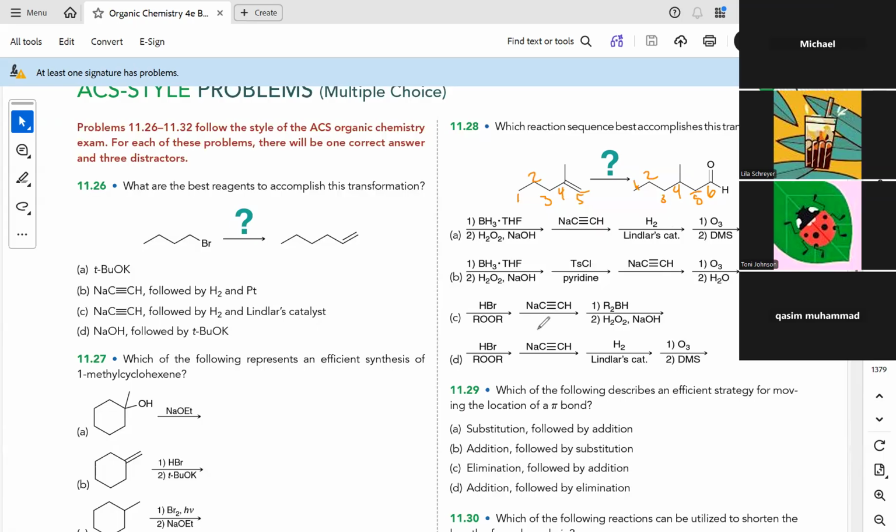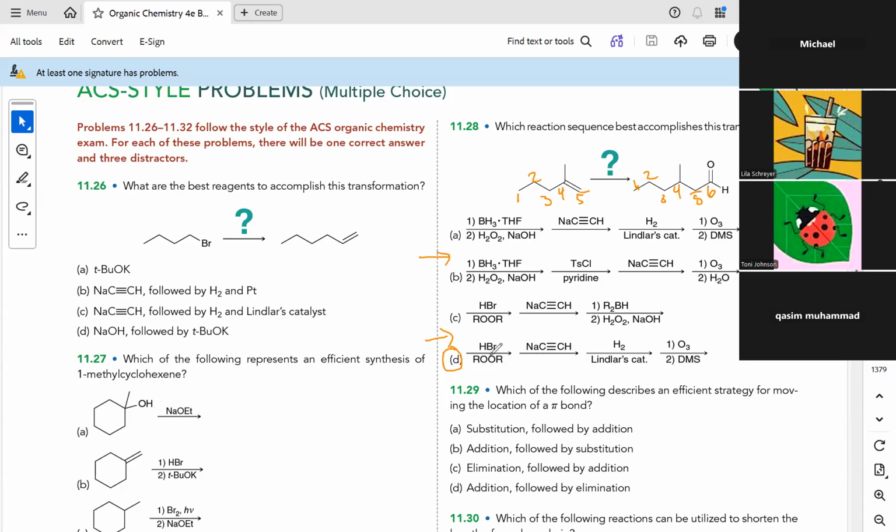So let's see here. I can go through the reagents. It looks like everything is going to be an anti-Markovnikov addition of H and OH or H and Br. So we have anti-Markovnikov hydroboration oxidation. In C and D, we have anti-Markovnikov addition of HBr. So I'll take us down the correct path here just to save time.